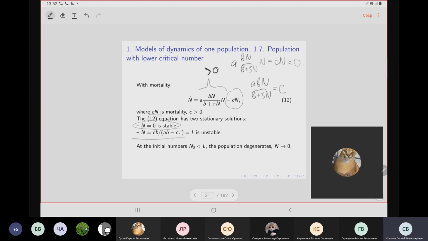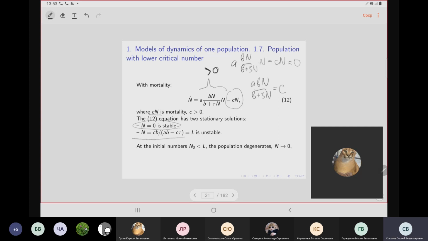Since A, B, C, and tau are all positive, sometimes in this model this L can become negative. But from the biological point of view, it must be positive. Otherwise, there is only one steady state, which means that the population dies.